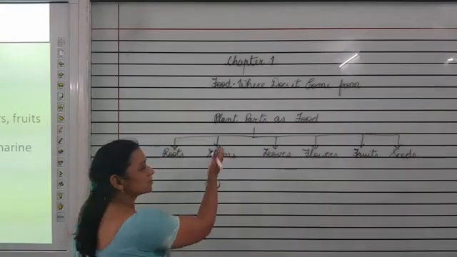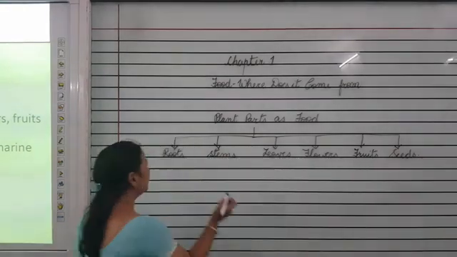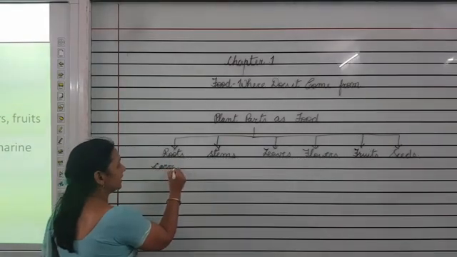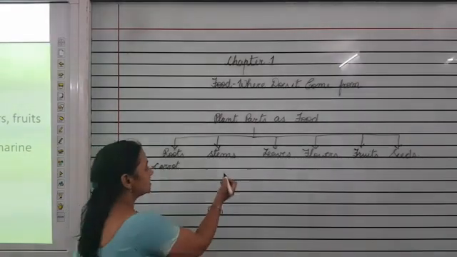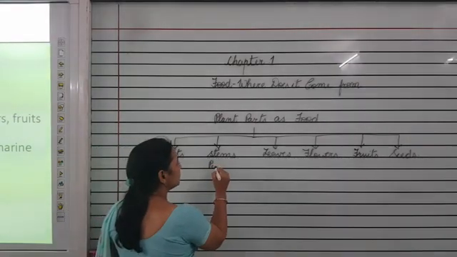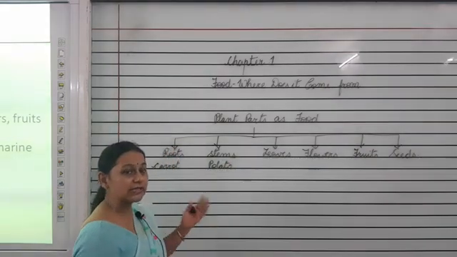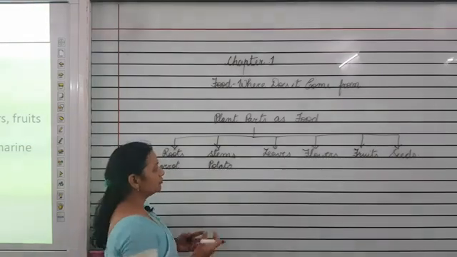Now, the different parts of the plant that we have as food are roots, like carrot and radish. Stems, we have some modified stems like potato and ginger, these are the modified stems that we use as food.